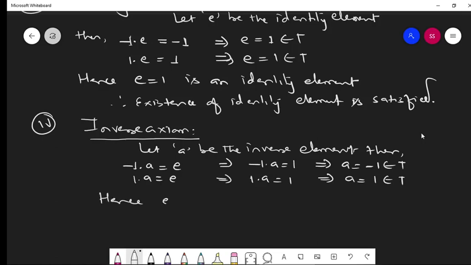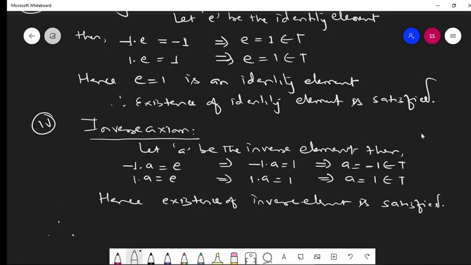Hence the existence of inverse elements is satisfied.